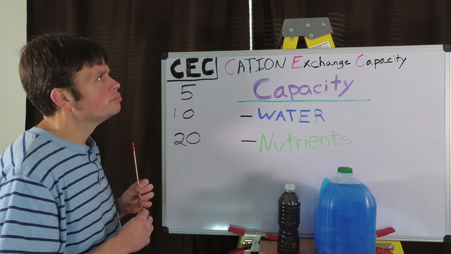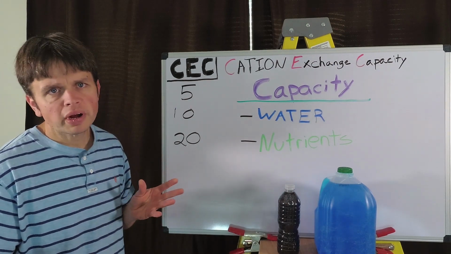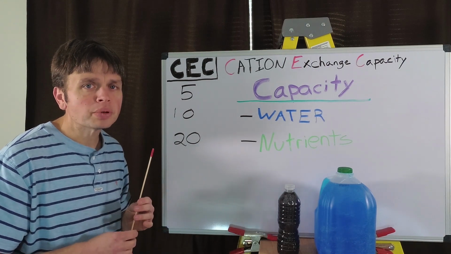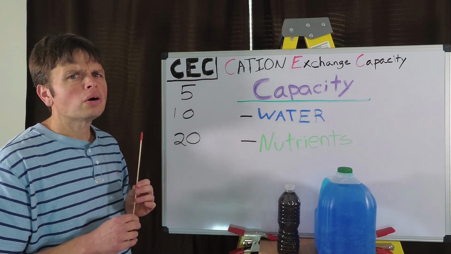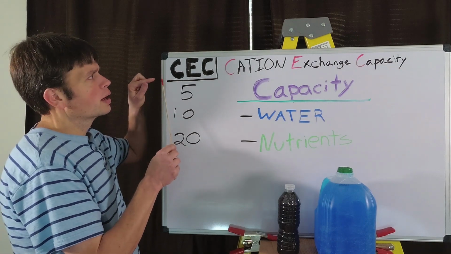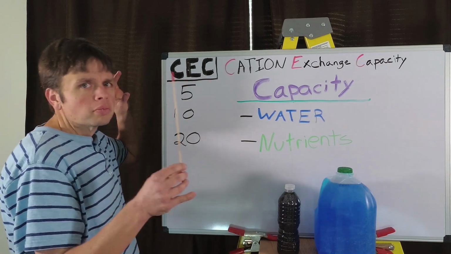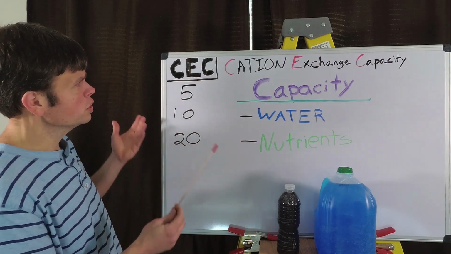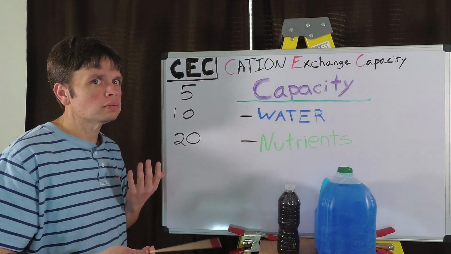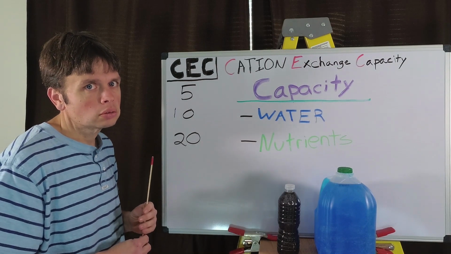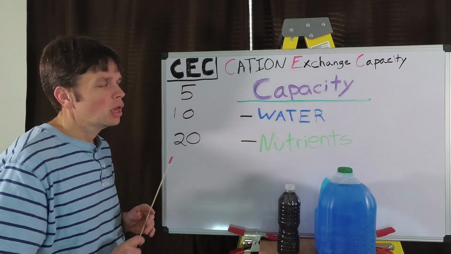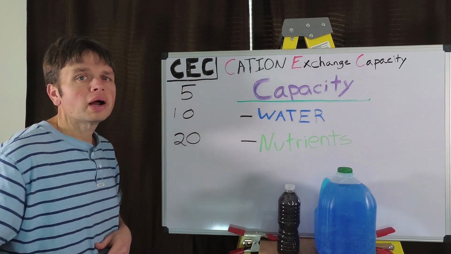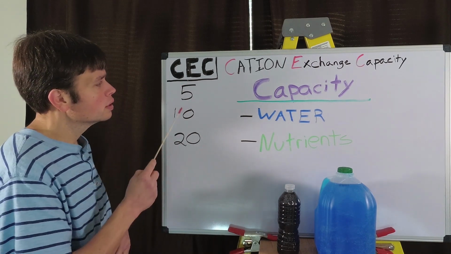This might be a little oversimplifying it, but I feel it doesn't have to be that complicated. It always seemed like a complicated section on your soil test, because you look at it, CEC of 5, okay, that's cool. But now we know that I have a CEC of 5.